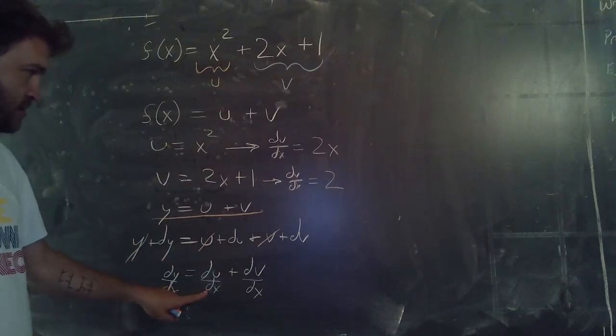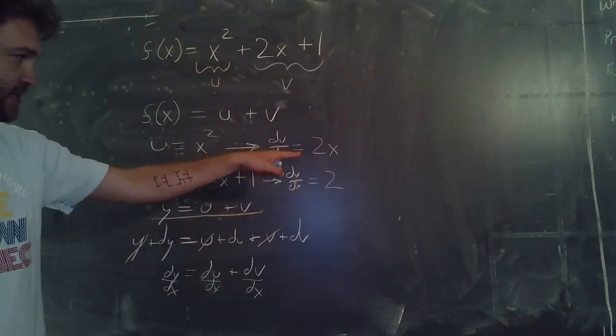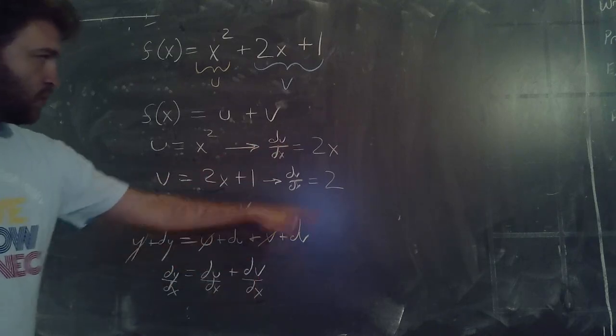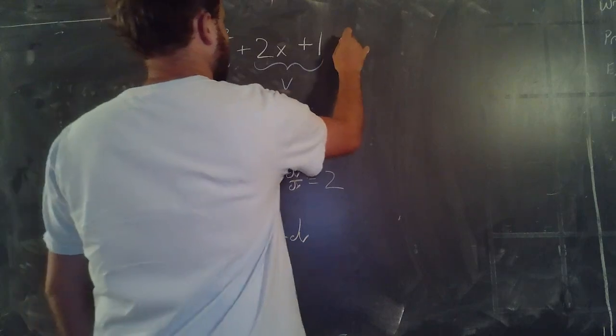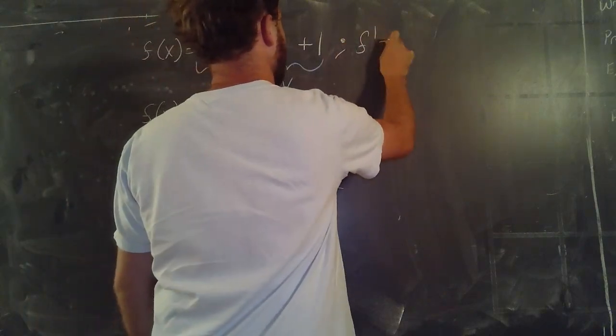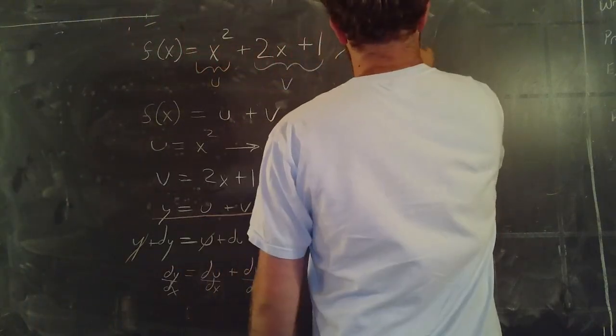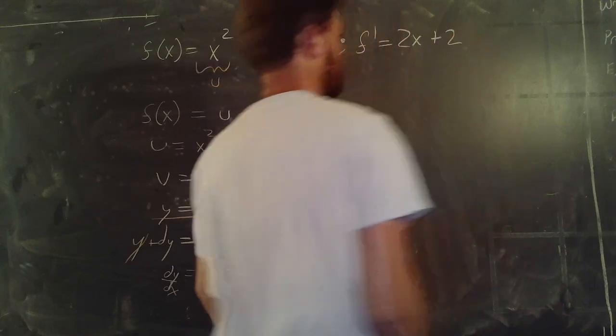So we just take the du dx, which is 2x, and we take the dv dx, which is 2, and we add them together. The total derivative here, f prime, will just be 2x plus 2.